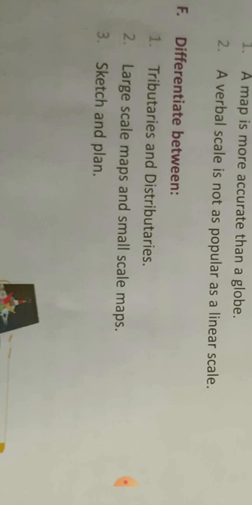And small scale maps show large areas like continents or countries. Small scale maps do not show many details. They are of two types: atlas maps and wall maps. Large scale maps provide us more details and information than the small scale maps.